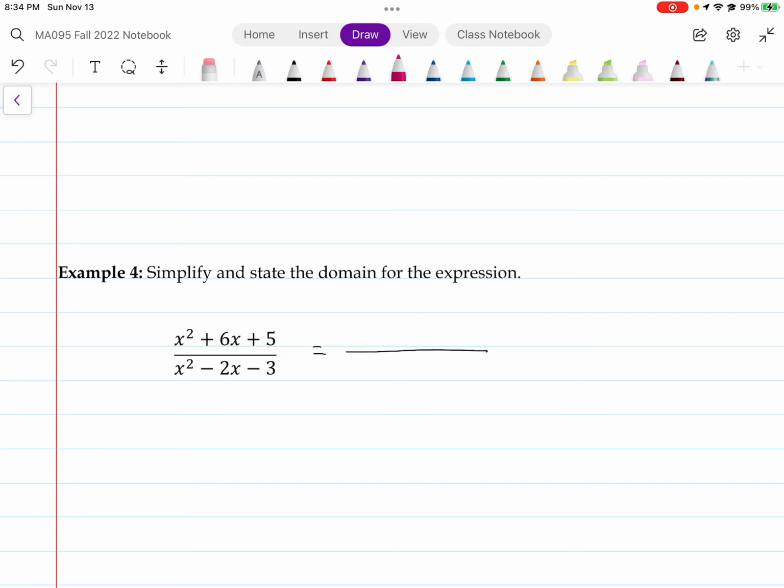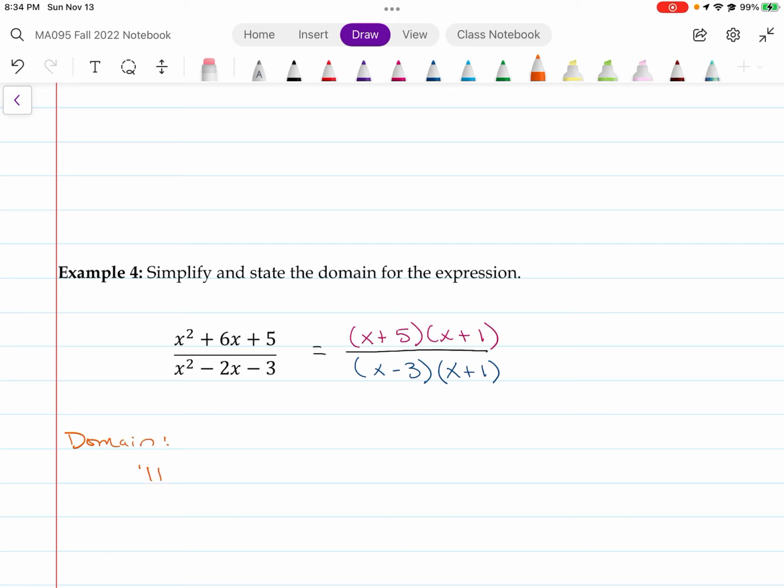All right, so on top, we factor and we get x plus 5 and x plus 1. On the bottom, we factor and we get x minus 3 and x plus 1. So let's find the domain.